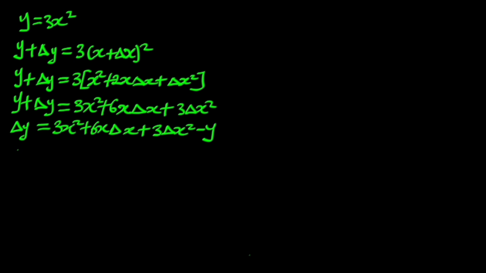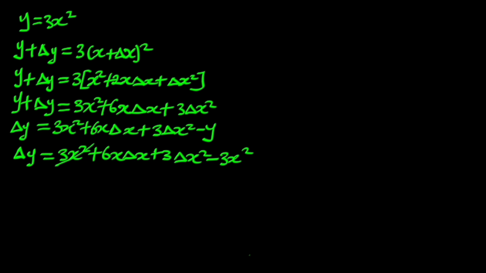So we replace y with 3x squared, and this will give us change in y equals 3x squared plus 6x change in x, plus 3 change in x squared, minus 3x squared. 3x squared minus 3x squared will cancel out, and we are left with change in y equals 6x change in x, plus 3 change in x squared.